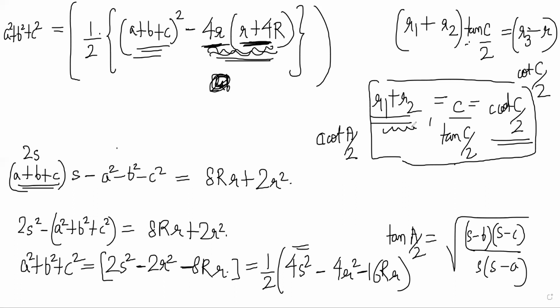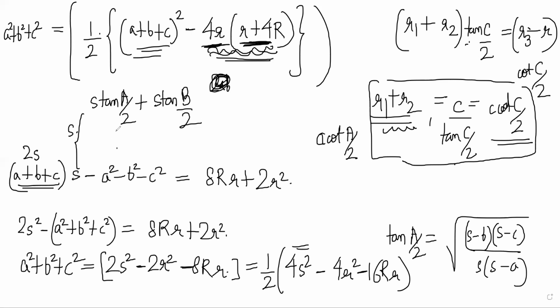This proving will be easy because we can just do tan A by 2 plus tan B by 2, right? You can add them: sine by cos plus sine by cos.